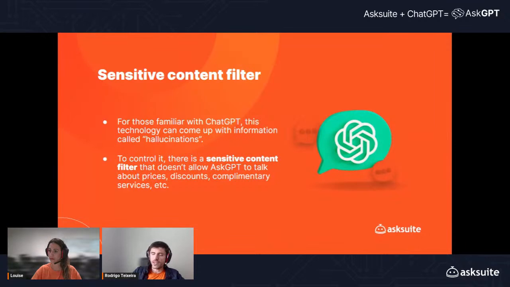Another important thing about AskGPT: in order to minimize any risk of ChatGPT hallucinations, we developed an algorithm to block sensitive content. So we are not allowing the AskGPT layer to negotiate discounts or offer complementary services, for example.